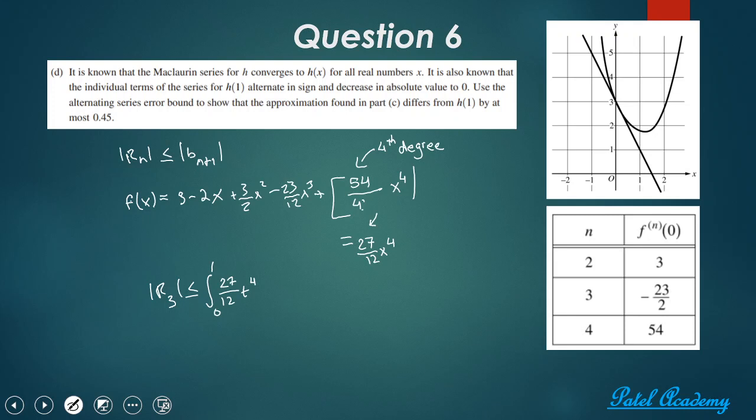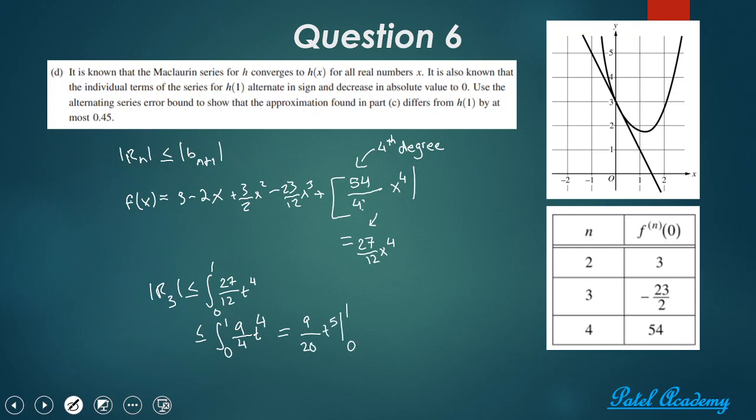Did I do that right? 54 over 24 becomes 27 over 12. Oh, that can be further simplified actually. If you factor out a 3, it becomes the integral from 0 to 1 of 9 over 4 t to the fourth. And then the integral becomes 9 over 20 t to the fifth, evaluated from 0 to 1.